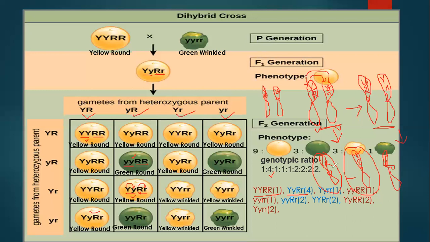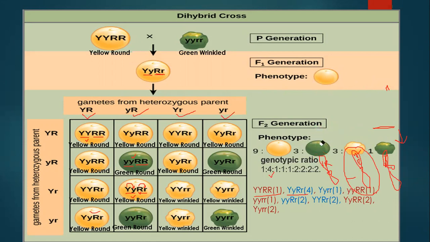So this is how the different types of gametes are formed. And if gametes are formed in this manner, then you will end up in a dihybrid cross with the ratio 9:3:3:1. So this is the law of independent assortment.